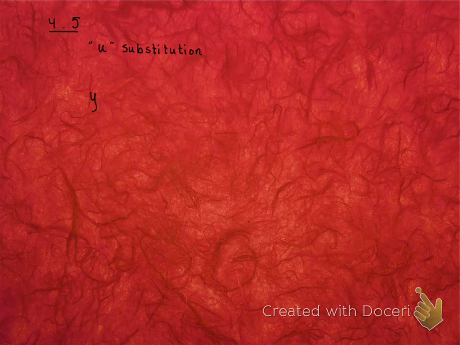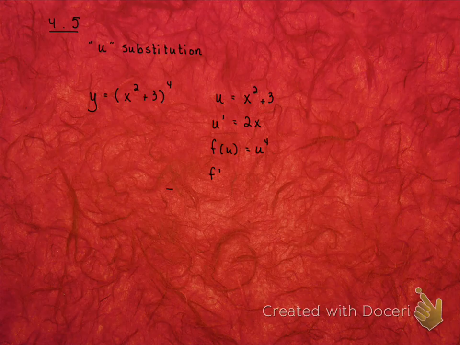So like, say, remember we did y equals x squared plus 3, all to the fourth power. When we were finding the derivative of that, we went to the side, chose our u, then u prime, and then f of u, and then f prime u.